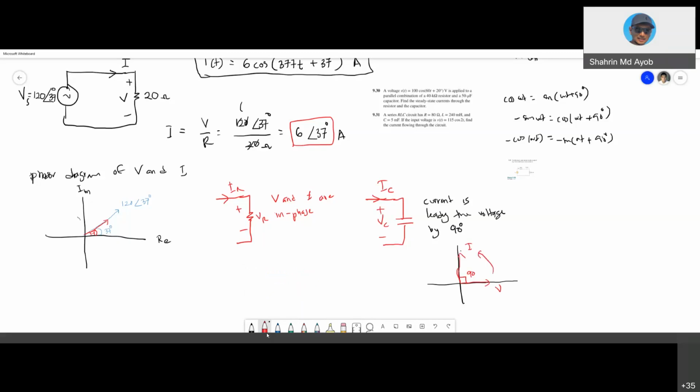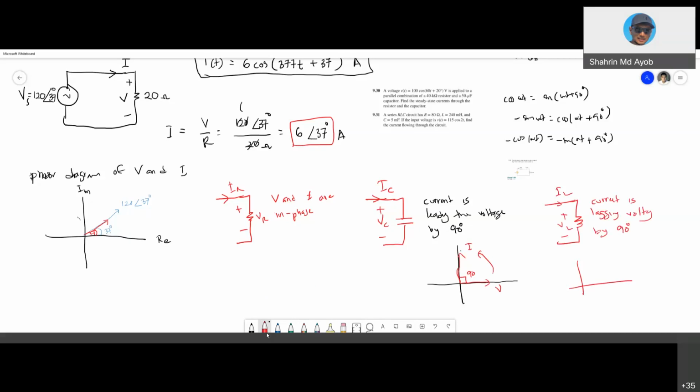Okay, and if your load is an inductive load, inductor load, so this one is your RL, this one is your VL. So the current is lagging the voltage by 90 degrees.